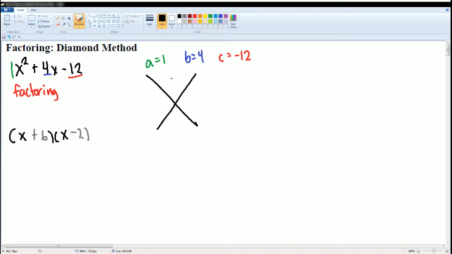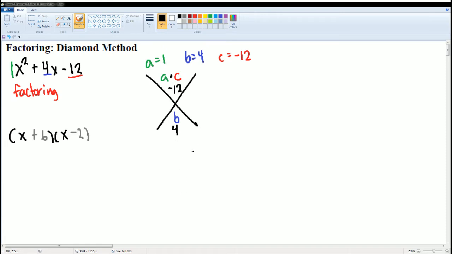What you have above here is going to be your a times your c term. In this case, it became the number negative 12. Down here, you just have your b, which in this case was just 4.